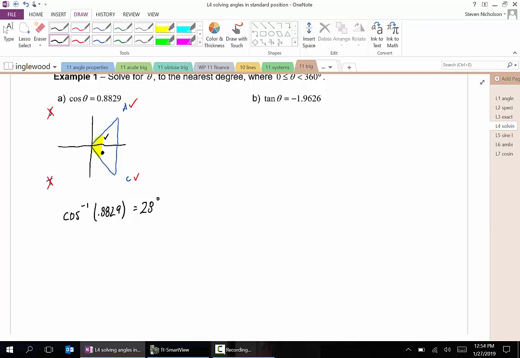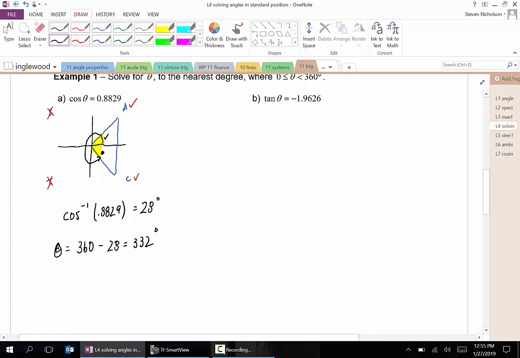So here's what we know. We know that the angle with this cosine ratio in the first quadrant is 28 degrees. That's great. That's one of the answers I want. But in quadrant 4, as we saw the other day, we figure out theta by subtracting. So theta is equal to 360 minus theta r, which is equal to 332.